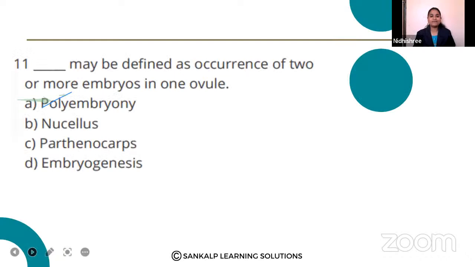Fine. 11th question goes like this. Dash may be defined as occurrence of 2 or more embryo in one ovule.